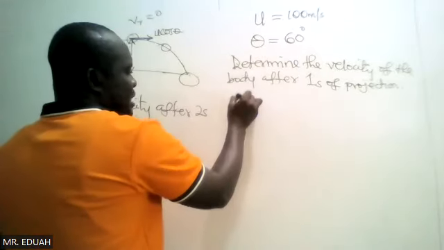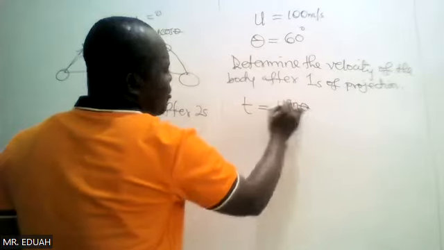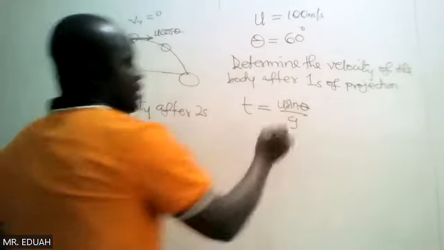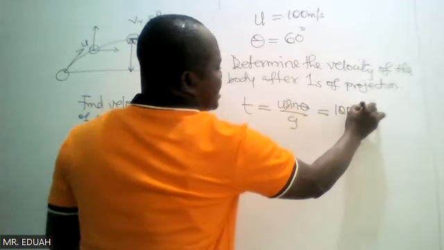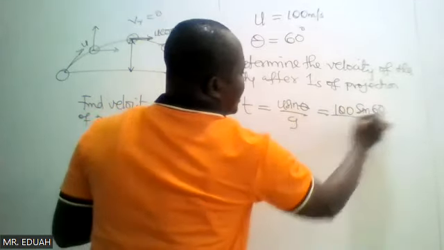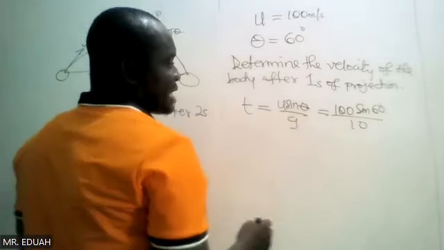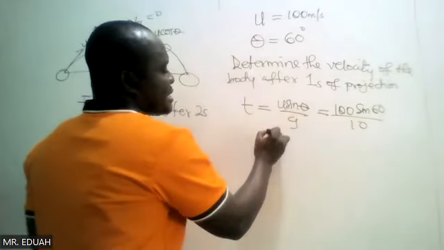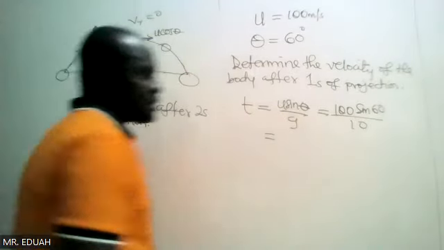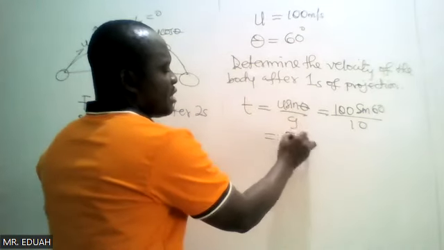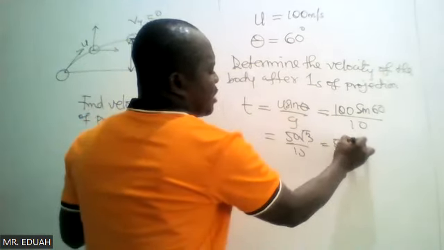So using T is equal to u sine theta over g, u is equal to 100, sine 60, divided by gravity 10. Sine 60 is 0.866 or root 3 on 2. So you have 50 root 3 divided by 10, and this is 5 root 3.